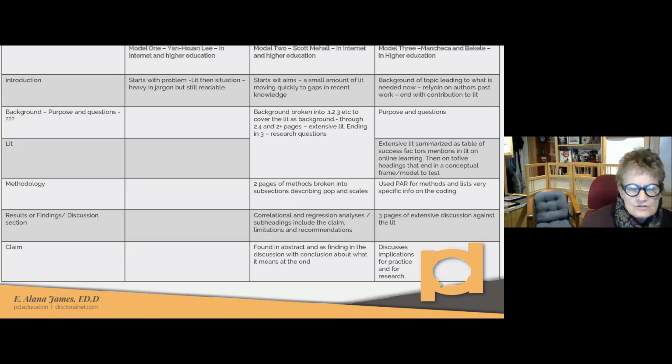These are the kinds of things you figure out before you're writing by comparing someone else's work. And the deeper you dig into their work, the more you try to think about how they did it, why they did it that way, where is, for instance, results, and where does the claim go? Where is the claim showing up?